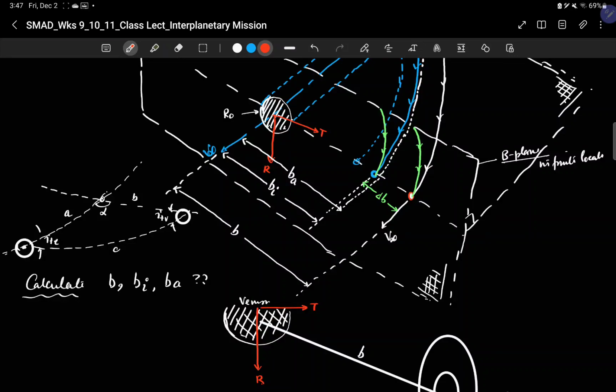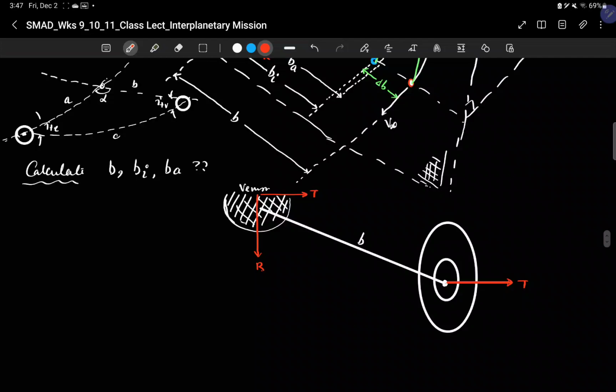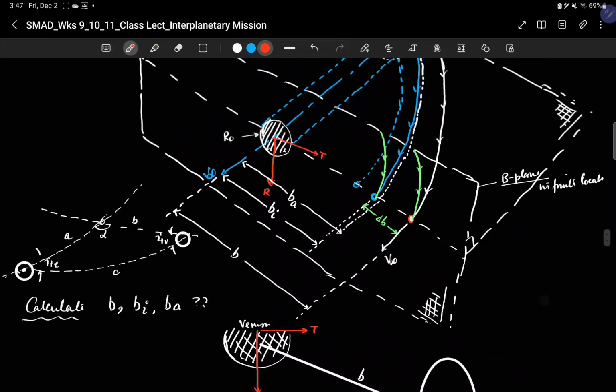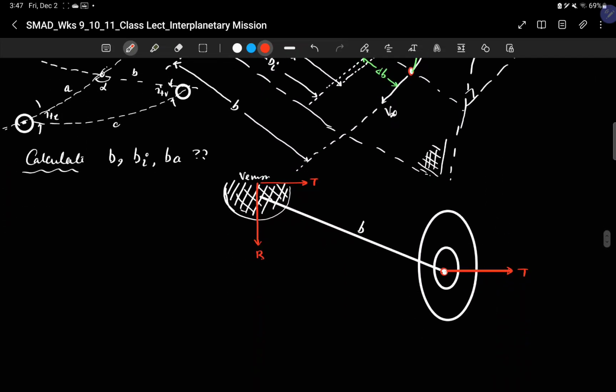Those corrections create a kind of elliptical motion. So we added that elliptical motion on this, okay? What we are interested in is getting to this point, which was actually on this B plane. We are just trying to be at the same inclination as the planet's orbit. Is that it?